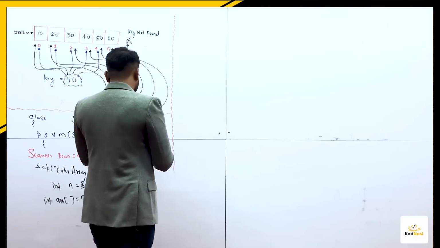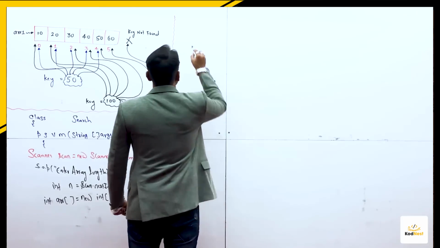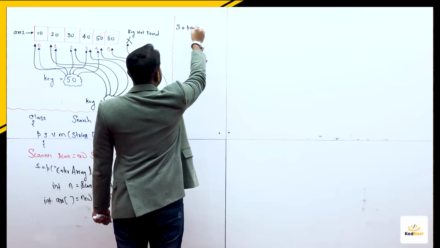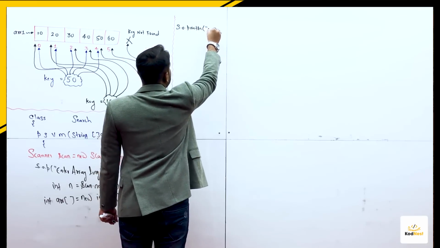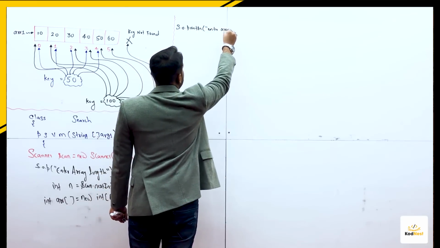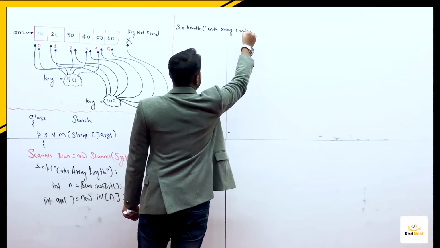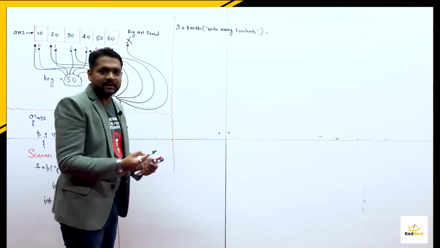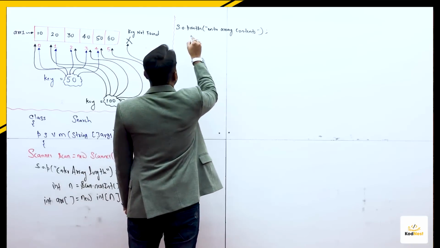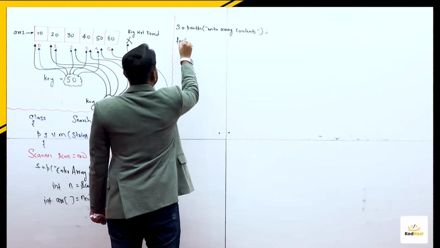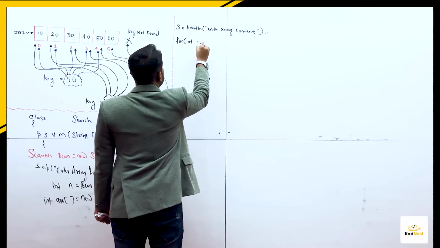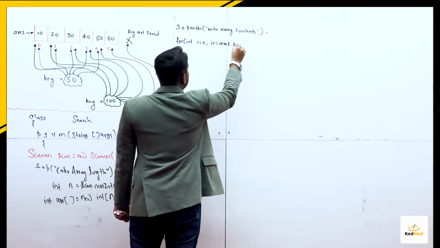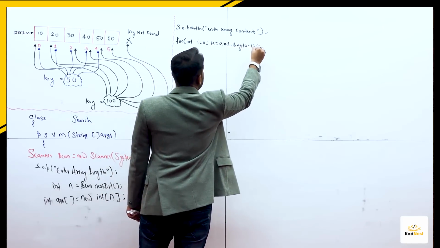I will ask the user to enter the contents like this. System.out.println("Enter array contents"). By seeing this message, the user will enter the array contents. I would collect it like this: start collecting the content from 0th index, go until arr.length minus 1, i++.